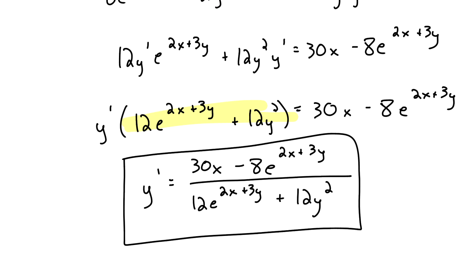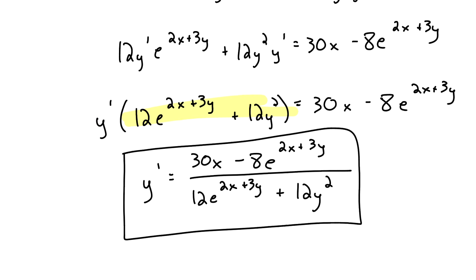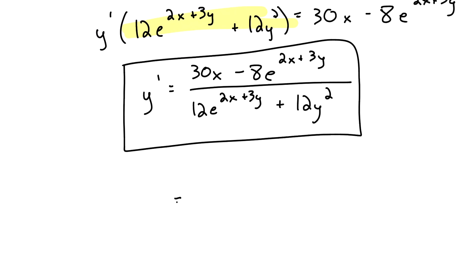If you wanted to stop there at this point, I think that's fine. We could factor out a common factor of 2, it looks like. I don't think it's really worth it here in this case. This has already been a pretty challenging problem, so I would probably stop right there. But if you wanted to factor that 2 out, just to show that real quick, in my numerator we would factor out a 2.